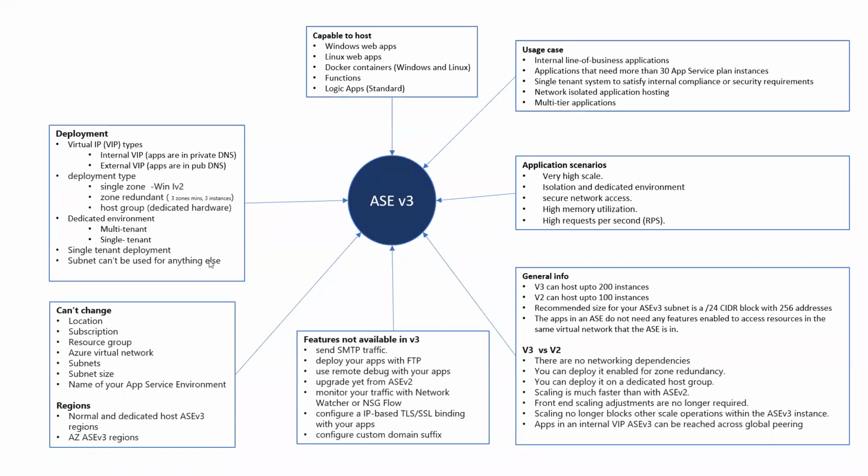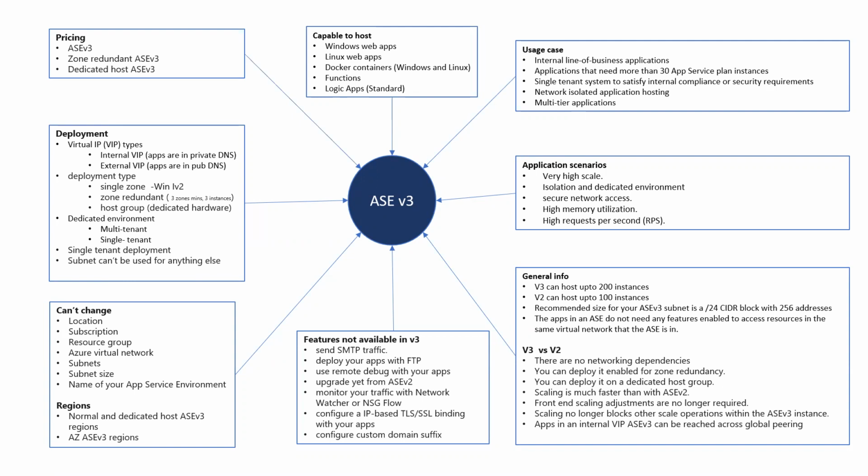The other point to remember before deploying the App Service Environment is that the subnet cannot be used for anything else. The subnet which you create as part of the App Service Environment is dedicated to the App Service Environment.